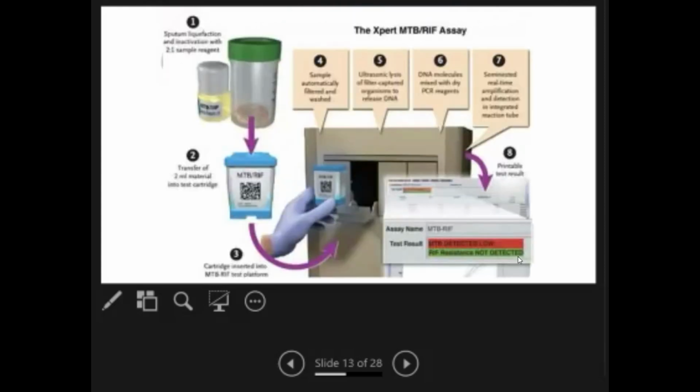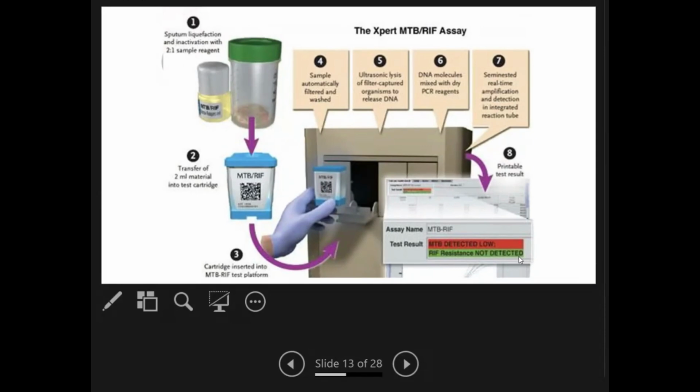So this is very easy to use molecular technology, which we are now very widely using in Sri Lanka. This is the GeneXpert MTB RIF assay. All the steps, as I said before, the extraction, the amplification, and the detection, happen automatically inside a cartridge.